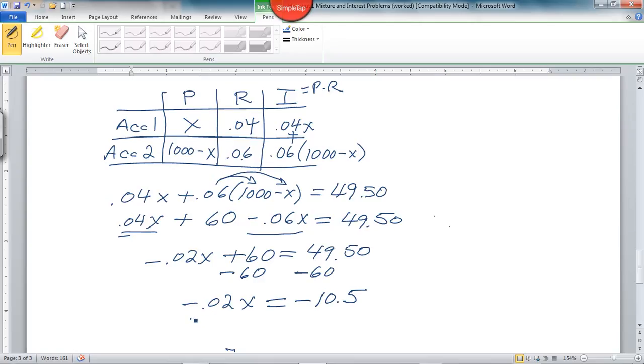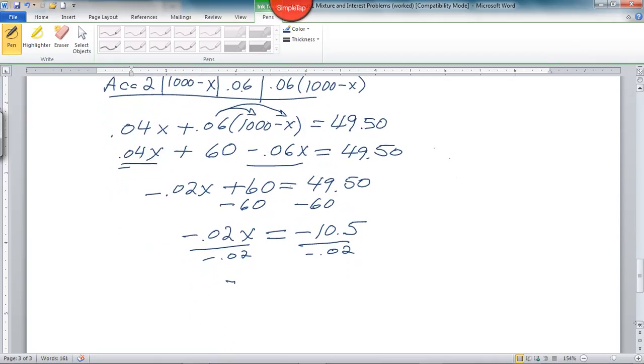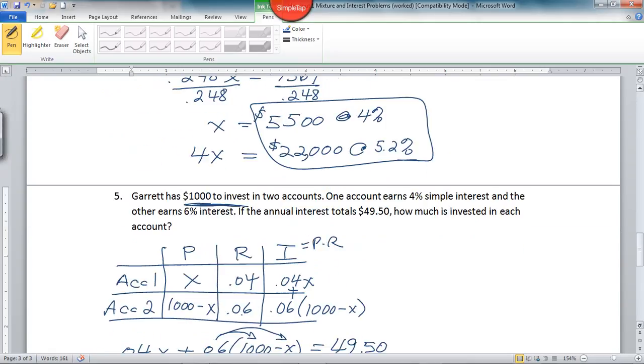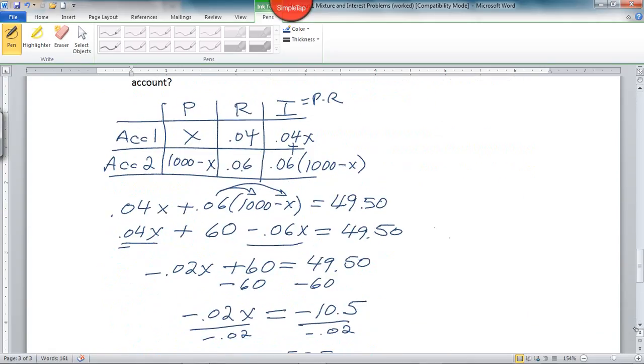Now all I have to do is divide off the negative 0.02. And I'll wind up with x equaling negative 10.5 divided by negative 0.02, 525. $525, and that would be in account 1, right? X is account 1's amount, so that's the 4% amount.